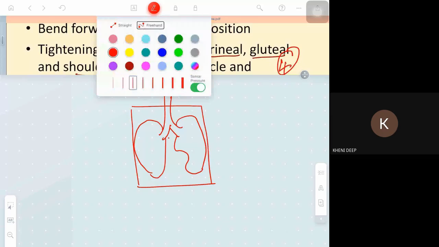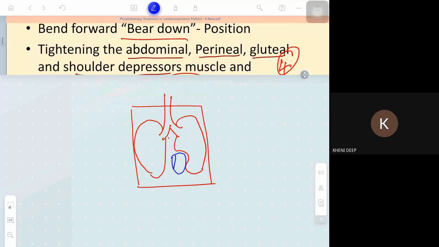I am drawing a blue heart, or I will make it half red out of the red heart also.